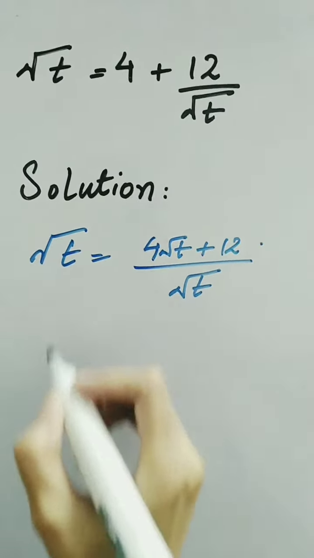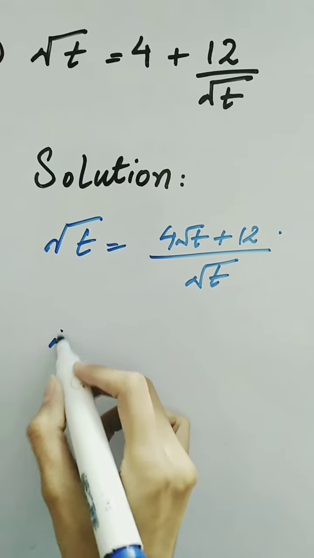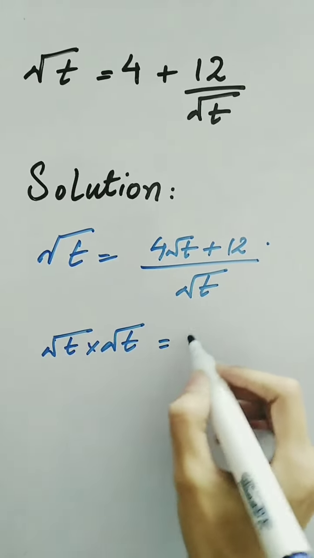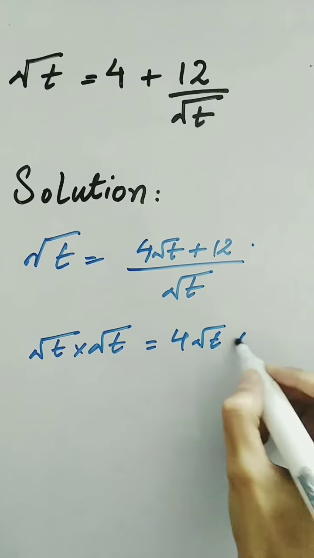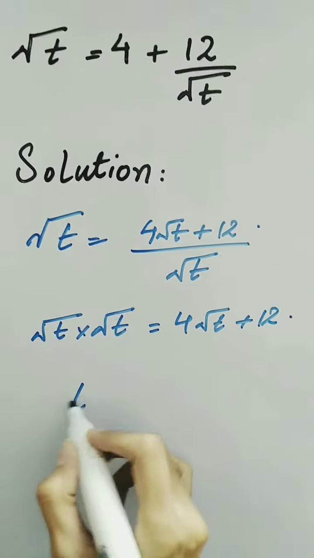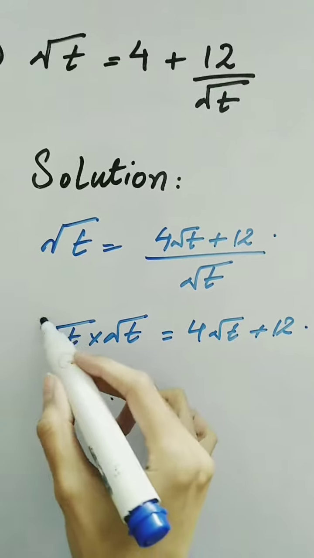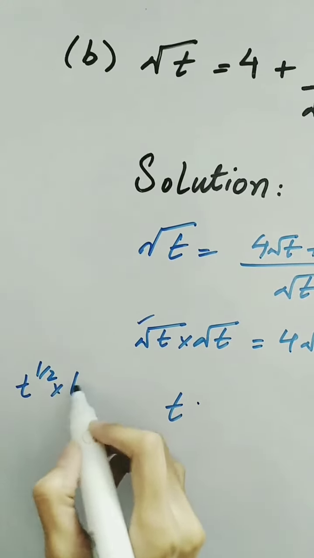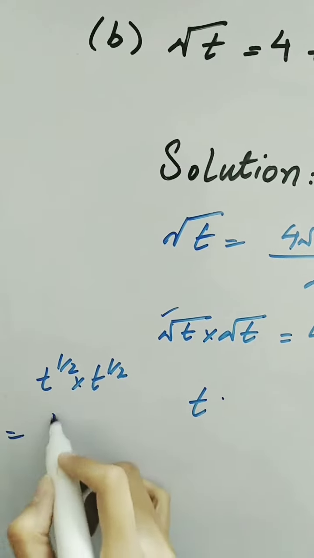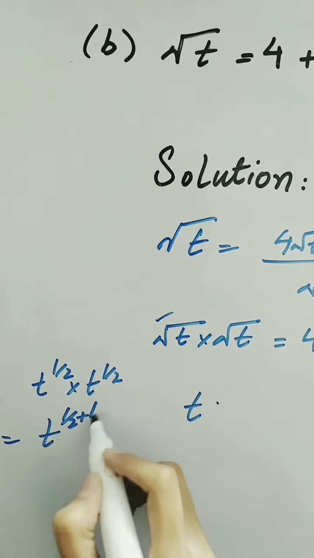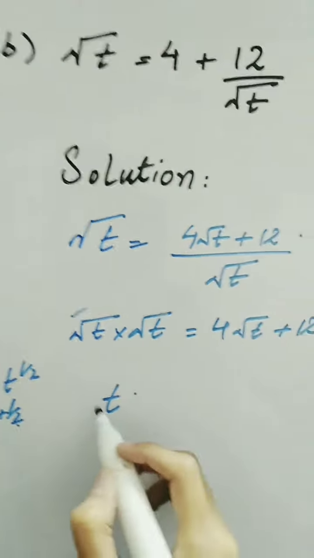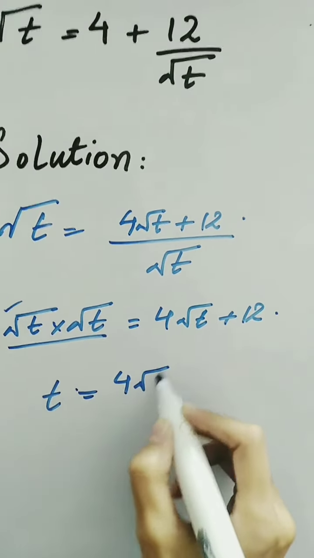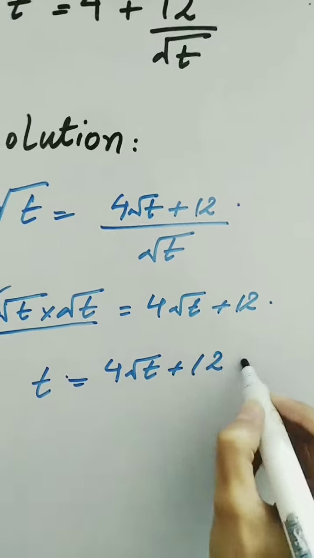Now this root t goes here, and when root t multiplies with root t, we know that it becomes t, as this means t power half multiplied by t power half, and as we know that whenever the base is the same, the powers add, so half plus half is equal to 1, so it becomes t is equal to 4 root t plus 12.